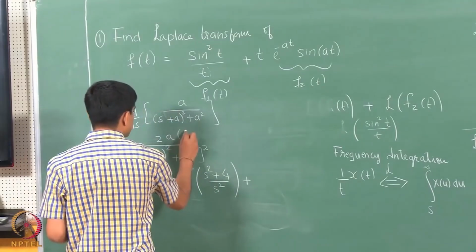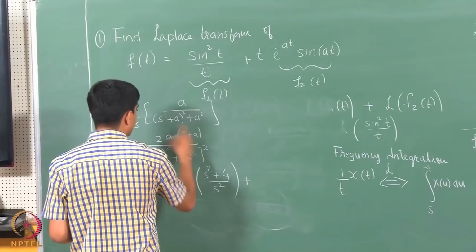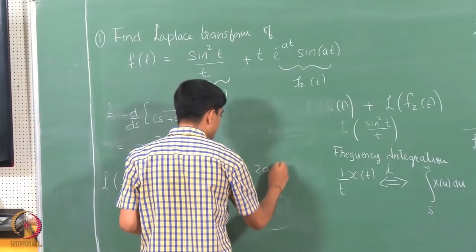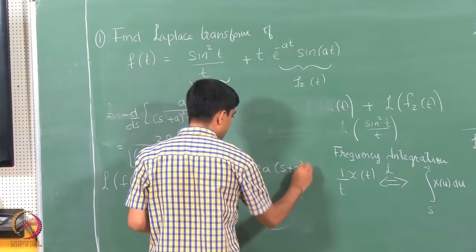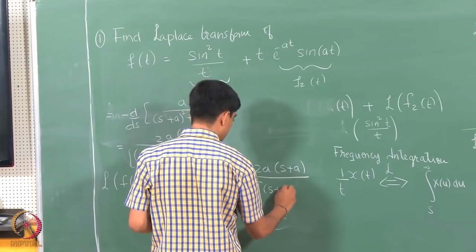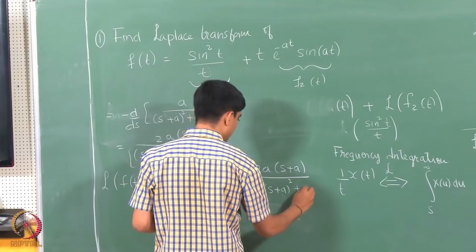So, this will be a s plus a here, right. If I differentiate the denominator, I will have 2a and s plus a, plus twice a times s plus a over s plus a whole square plus a square.